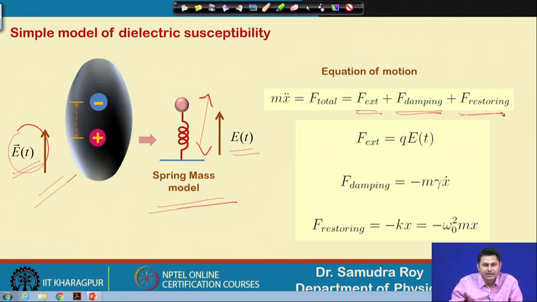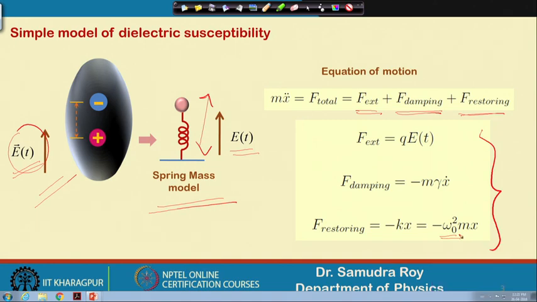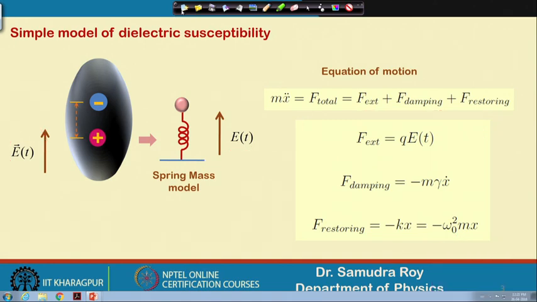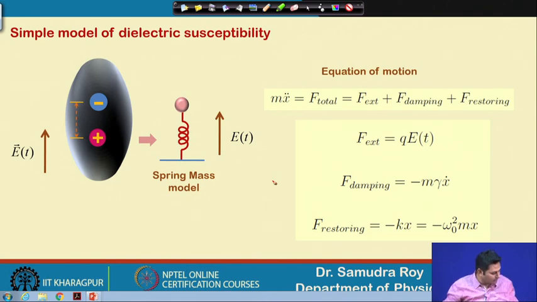The spring should have some kind of restoring force. These are the three forces in terms of the electric field, the damping coefficient, and the characteristic frequency omega 0 of the spring. After having the forces, it is possible to form the equation of motion.